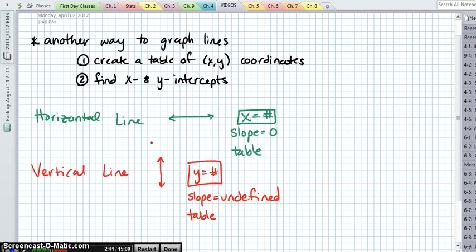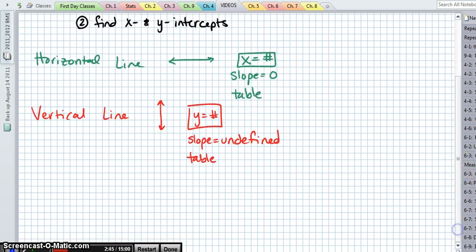So, what is this slope-intercept form business? Let's go ahead and write that down. Slope-intercept form is when an equation is written in the form y equals mx plus b, where m is the slope and b is the y-intercept.